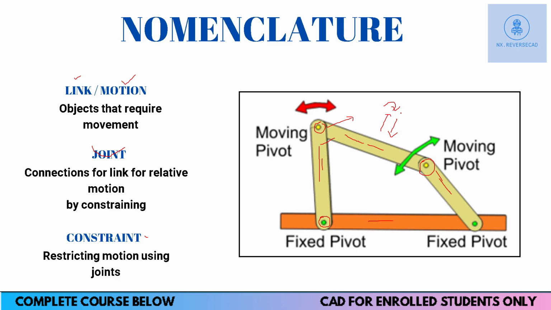So what I've done here is I have proposed a special joint here which you don't know about, that we'll discuss in the slide afterwards. When you provide a joint at a location, you are constraining the motion, that is, you are stopping it to rotate or translate in another axis. Okay, so this is constraint.